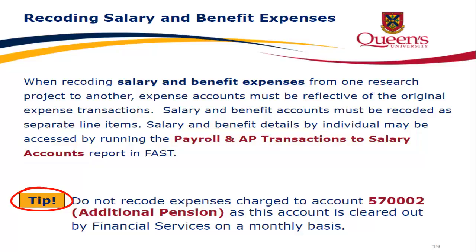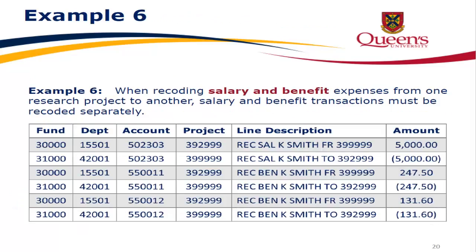Remember that transactions coded to account 570002, Additional Pension, should never be recoded if used with a research project, as this account is cleared out by financial services on a monthly basis. In our last example, salary and benefit expenses are being recoded from one research project to another. You will notice the salary and benefit accounts are being recoded separately.